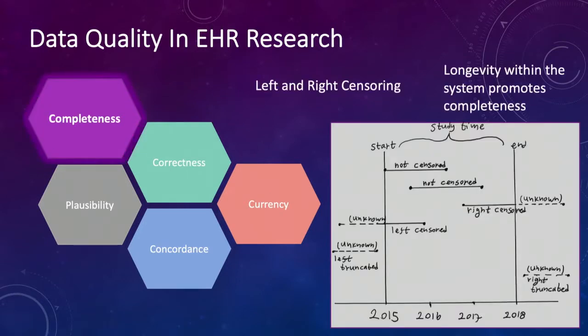Completeness, I look at from the standpoint that you have this ground truth about a patient, and the EHR may be somewhat reflective of that, or it may not be.